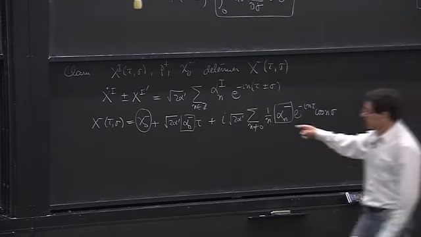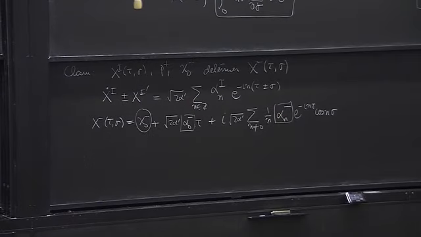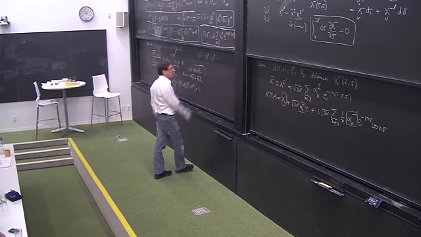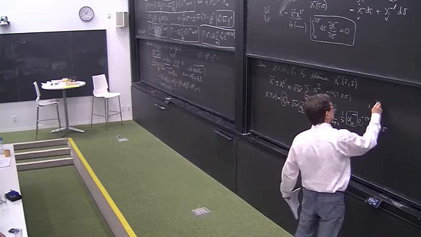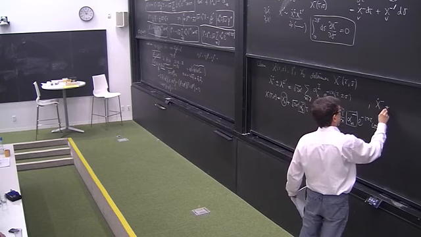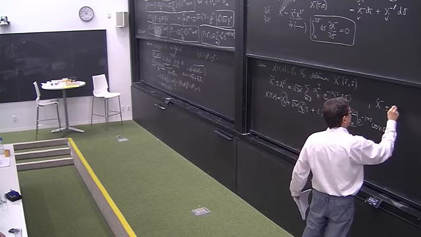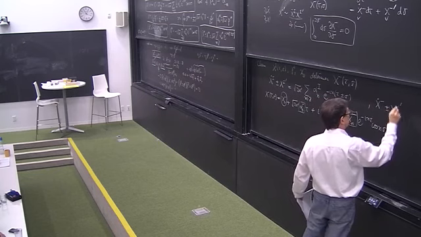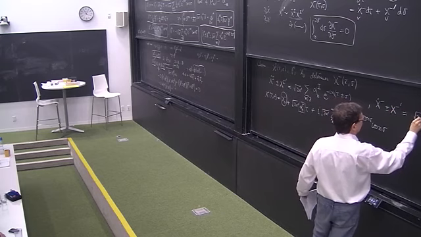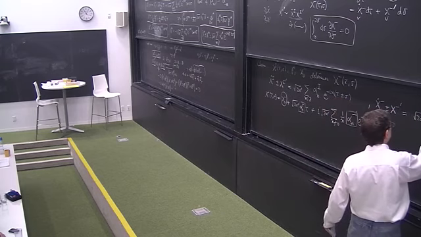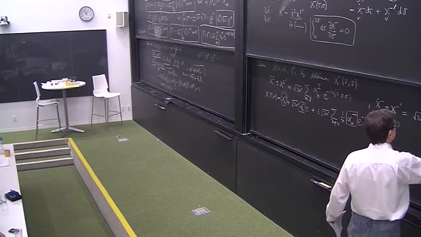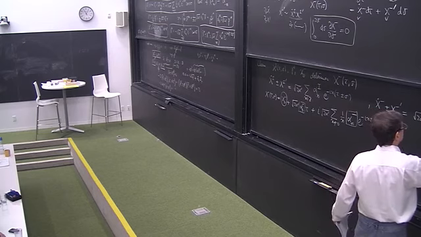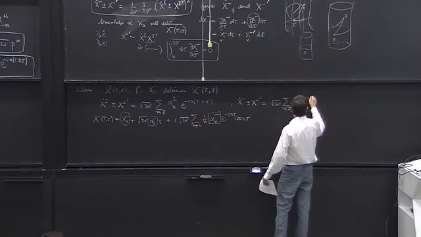Now, this same formula also holds for x minus, so we can write more compactly here that x minus dot plus minus x minus prime is equal to 2 alpha prime sum from all n alpha n minus e to the minus i n tau plus minus sigma.